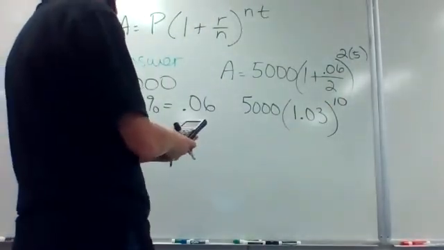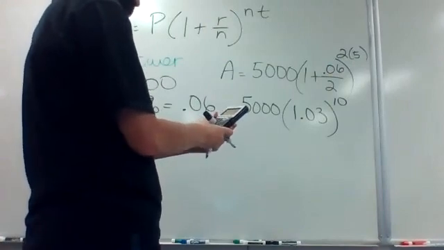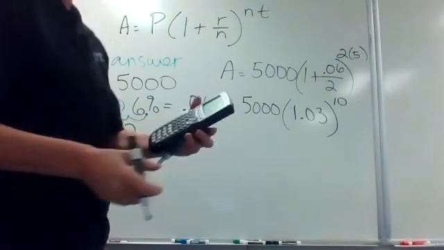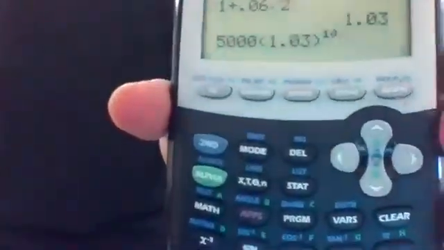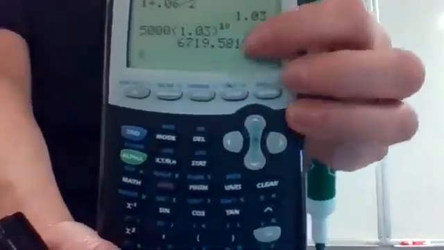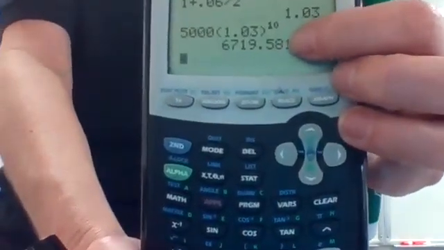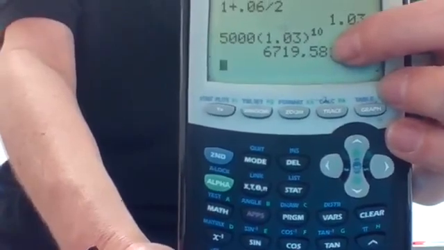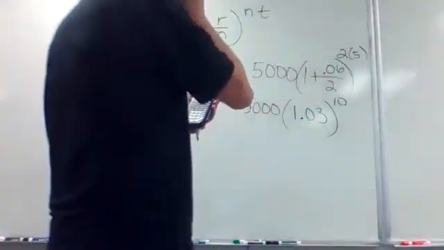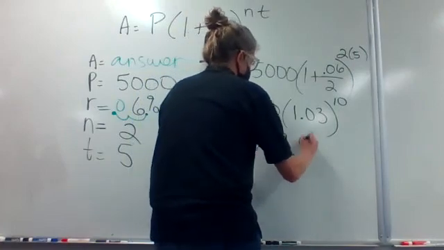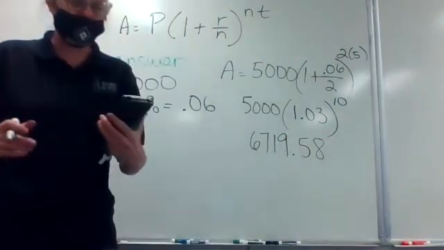So let's punch this in. 5,000, open parenthesis, 1.03, close, to the 10th power. And this time we are rounding to the nearest cent. So after that 58 is a 1, which means I don't need to round up 58 cents. So she ends up with $6,719.58.